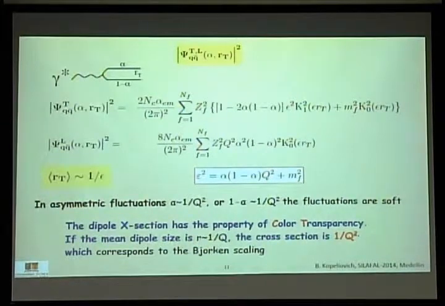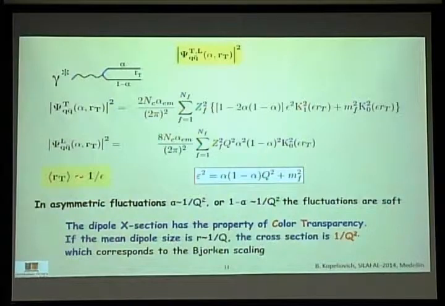However, times this factor, alpha times 1 minus alpha, the fractional momenta, and this makes life quite interesting. What one could expect naively, how to answer the question, what is the typical size of this dipole? One should say if the photon has virtuality Q, it should be 1 over Q. However, this is not fully true.